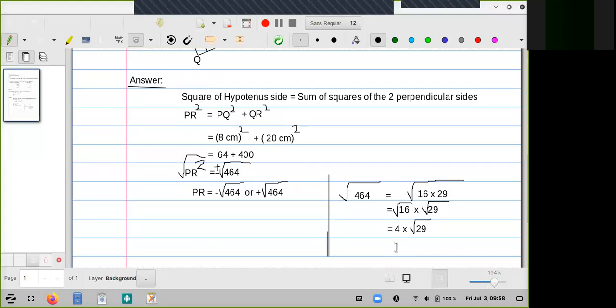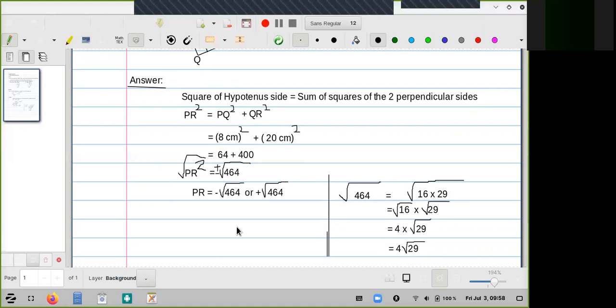Since I've got a multiplication sign in, I must simplify that, which means it is going to be 4 square root of 29. That's converting or changing the square root of 464 into surd form. It becomes 4 square root of 29.